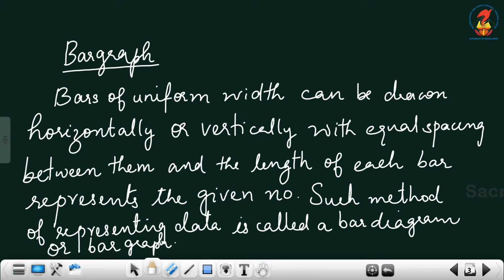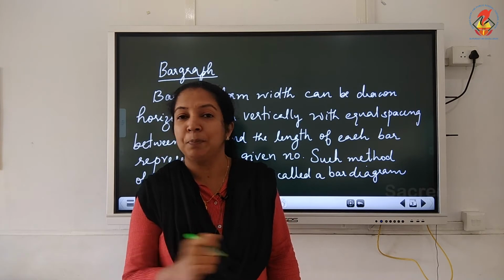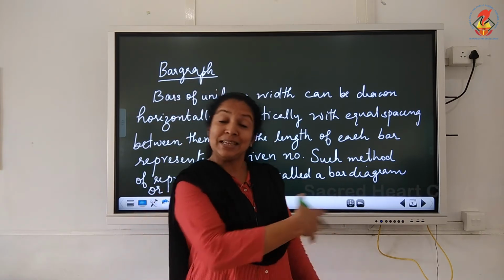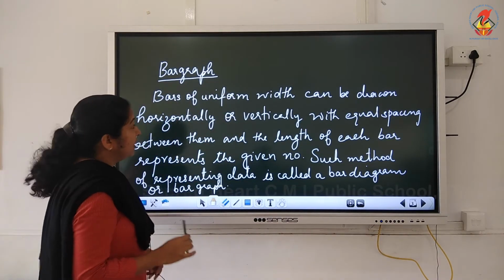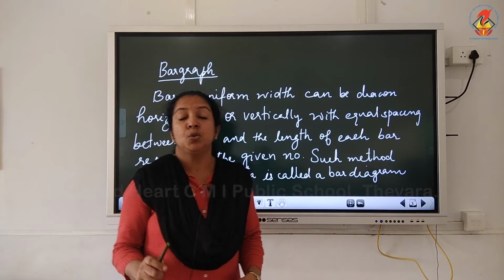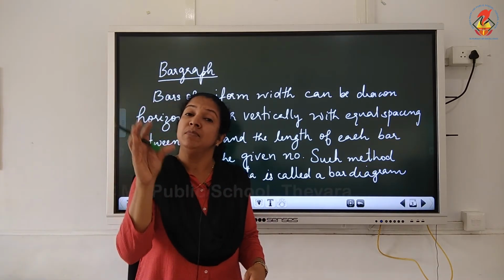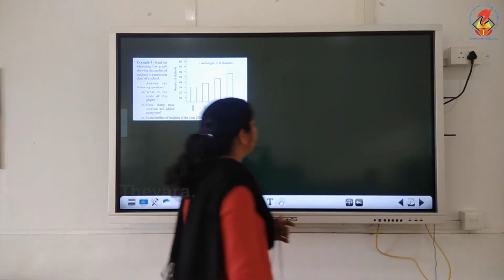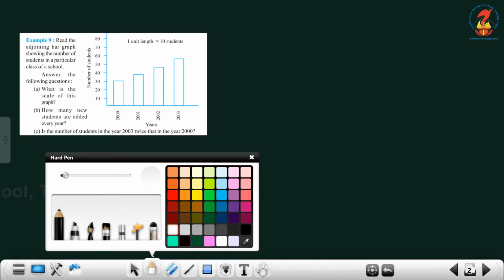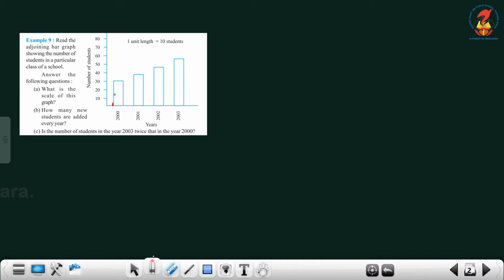Actually, when we draw the pictograph, it is really difficult to draw the pictures. So, this is easy compared to pictograph. So, what we are learning now is bar graph. It contains bars of some length, leaving equal spacing between each of them, and this length represents the given number.